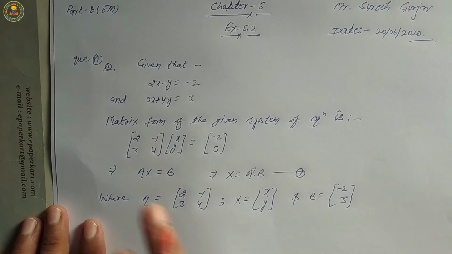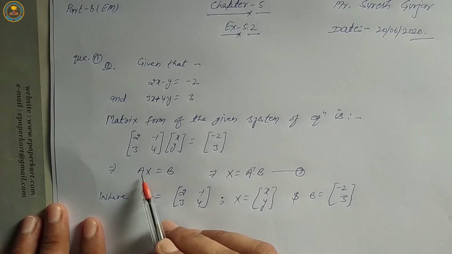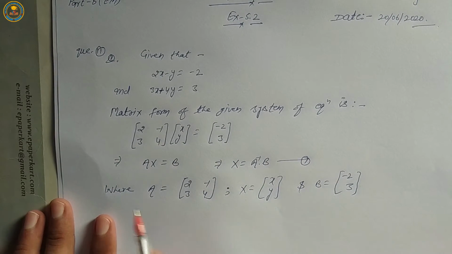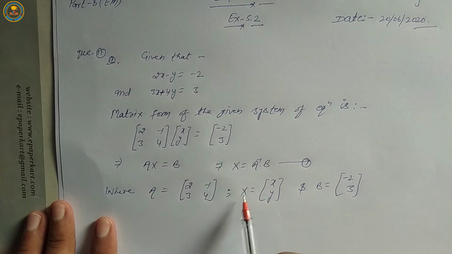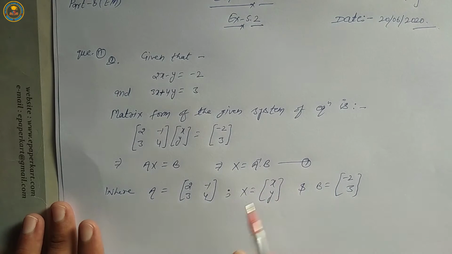Matrix A into matrix X is equal to matrix B, implies X is equal to A inverse into B, equation first.